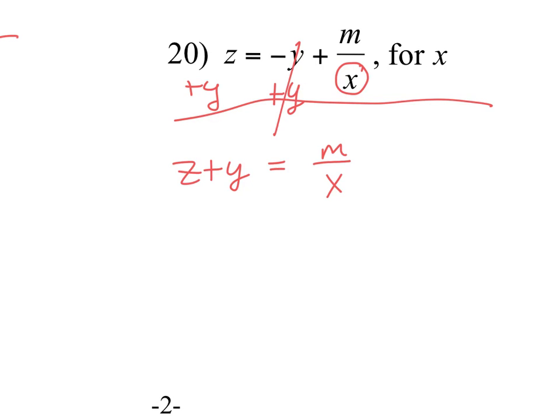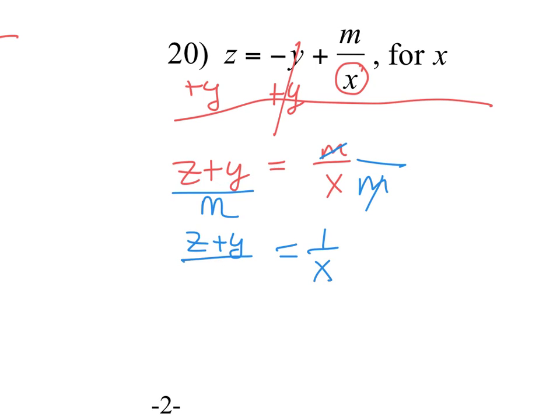So next I'm going to undo the m, so I'll divide by m on both sides. So the m's cancel, and I have 1 over x is equal to z plus y over m.